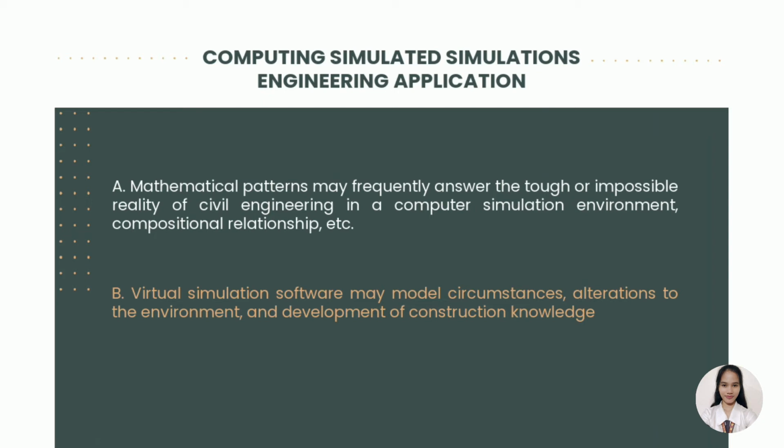In specific, the following are the advantages. We have the mathematical patterns may frequently answer the tough or impossible reality of civil engineering in computer simulation environment, compositional relationship, and etc. Therefore, theoretical analysis of strength and durability is complicated.